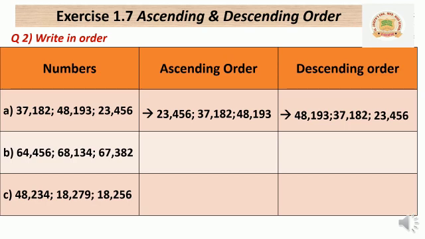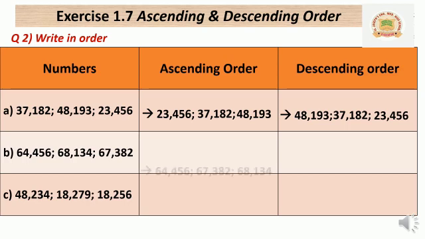Let us write the B question. First we read the numbers: 64,456, 68,134, 67,382. Here all the 10,000s place we have 60,000 only. Now we will compare the thousands number 4,000, 8,000, 7,000. Which is the smallest number here? 64,456, the first number in ascending order.